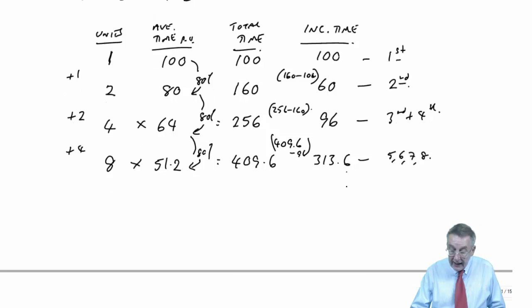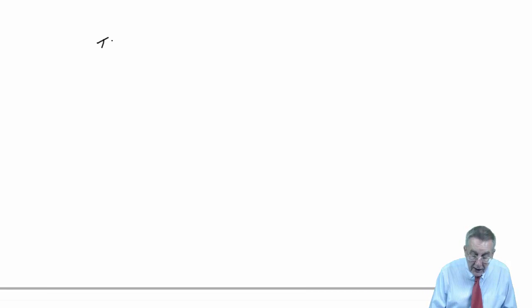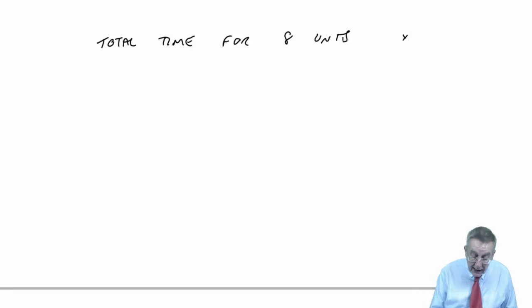All we can do, the way we have to do it, is we need to work out the total time to make 8 units. If I can work out the total time for 8 units, we already know the time for the first unit.